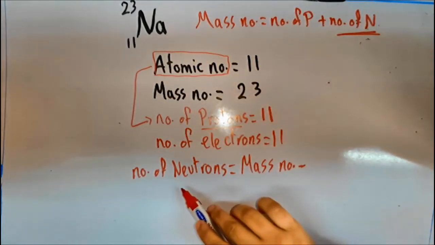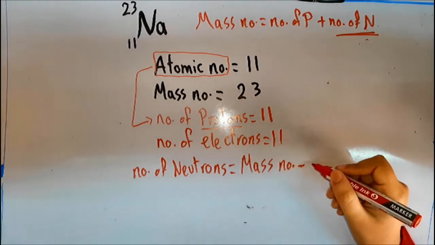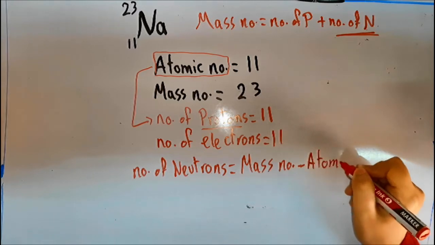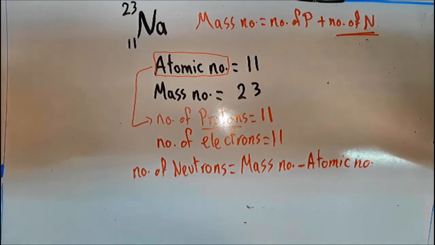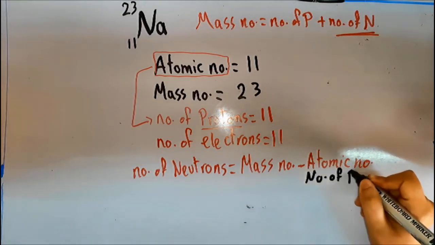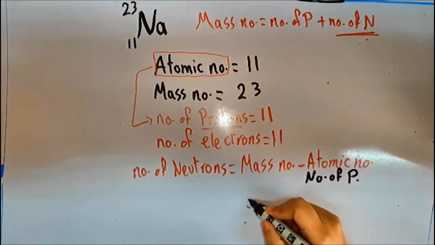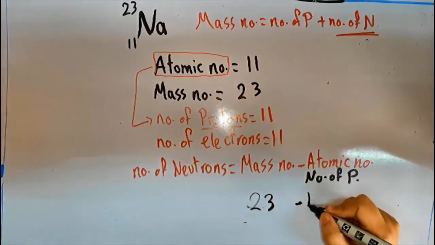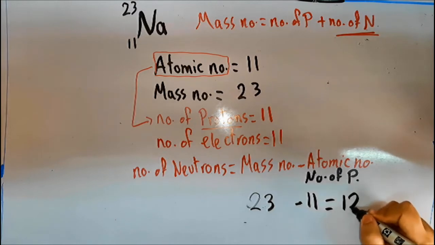So to calculate the number of neutrons, we subtract the atomic number from the mass number, because the atomic number is the same as the number of protons. What is the mass number here? It's 23. What is the atomic number? It's 11. So the number of neutrons equals 12.